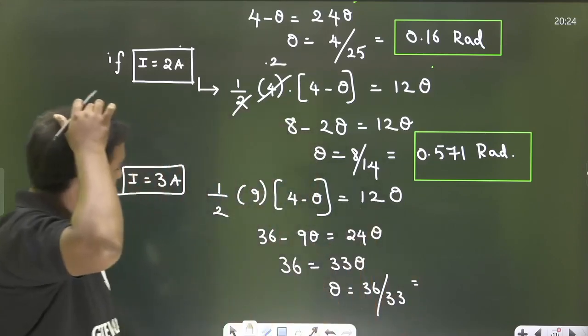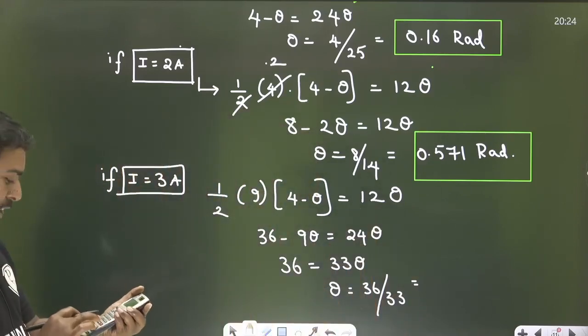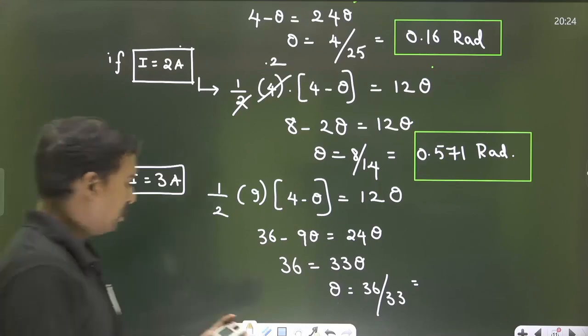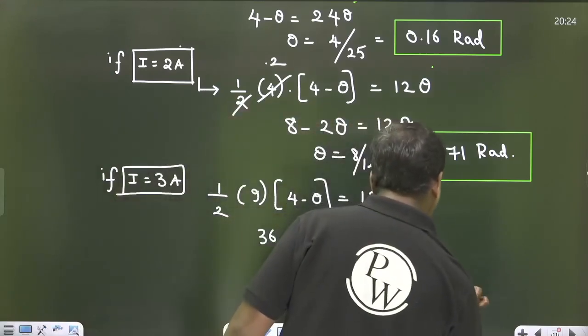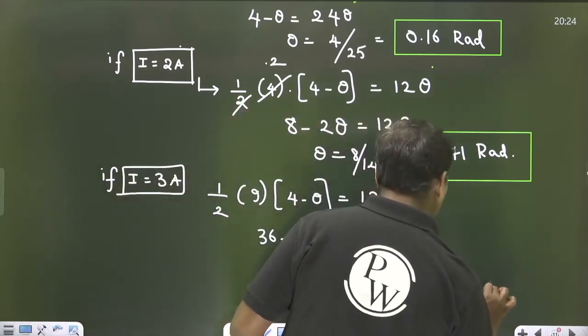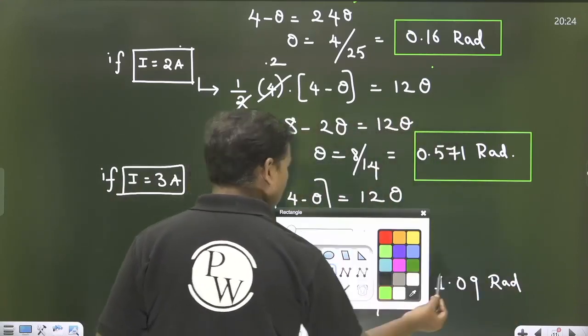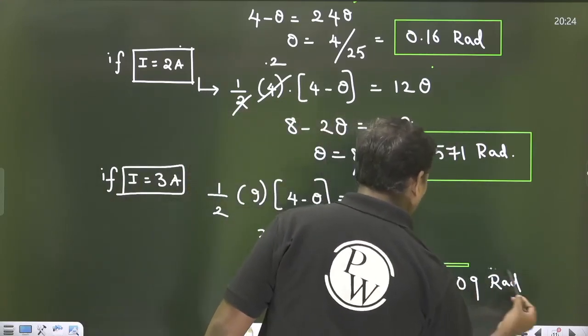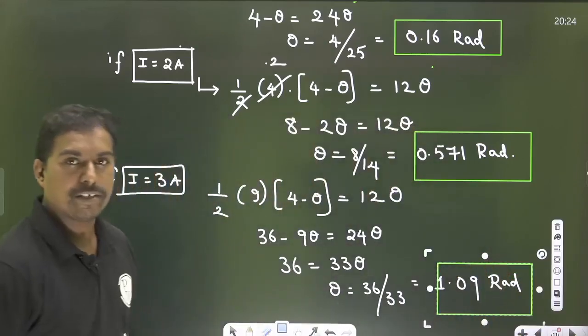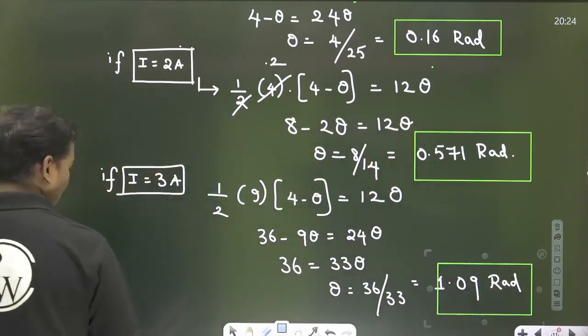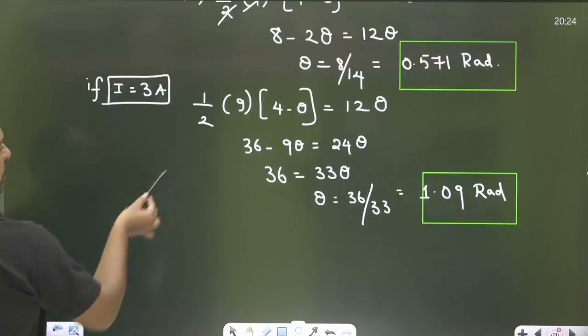Am I right? If you check, 36 by 33 comes to around 1.09 radians.